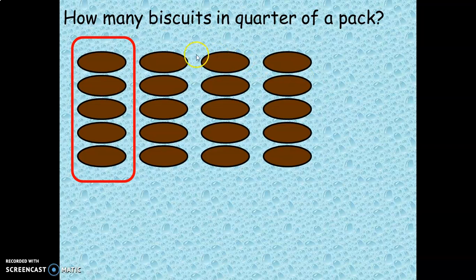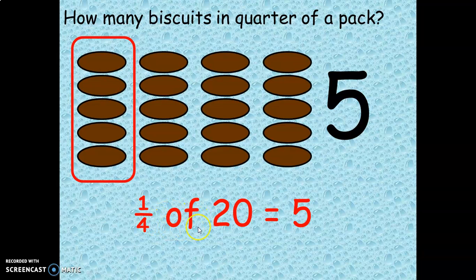How many biscuits will one person get in a quarter of a pack? Correct. 5. One person will get 5, meaning a quarter of 20 equals 5.